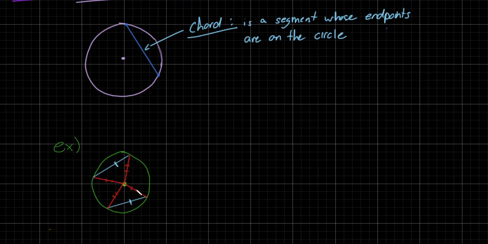So what can you tell me about these two triangles? Yep, go ahead, Ashley. Yes, isosceles. True. And they are also congruent to each other. So we have side, side, side congruency.